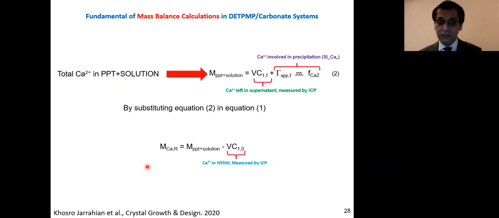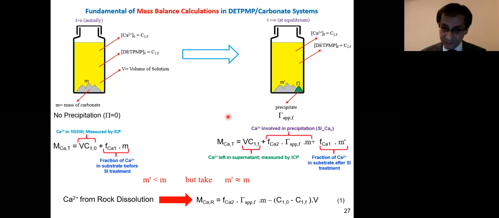So according to the mass balance for those systems, we assumed that the mass of the substrate before and after dissolution by scale inhibitor is more or less the same, because they are not that strong an acid to dissolve a significant amount of the substrate.